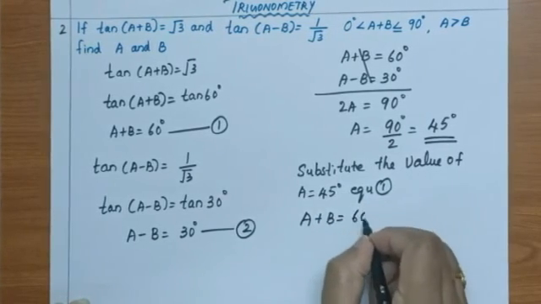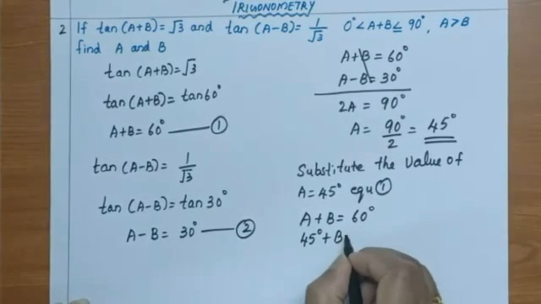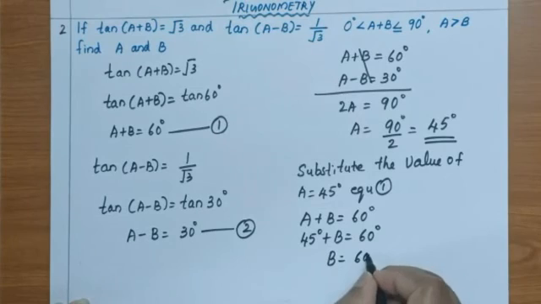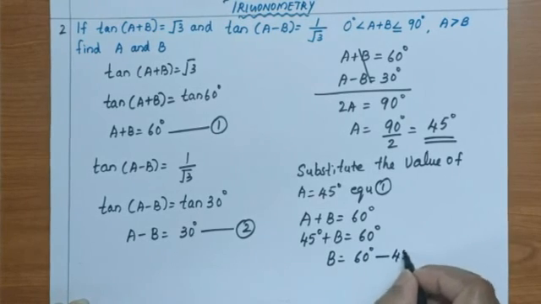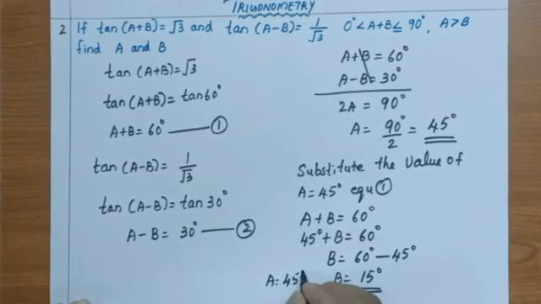We can substitute the value of a equal to 45 degree. So b equal to, we can take 45 degree to the other side. So b equal to 15 degree. So the value of a equal to 45 degree and b equal to 15 degree. Now we have found out the value of a and b.